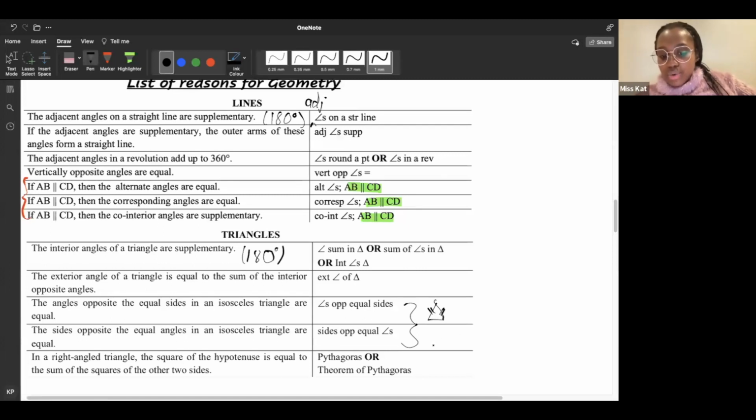But if you're given equal angles, then you say sides opposite equal angles. And last but not least, the Pythagorean theorem. I know, but it's very difficult. I don't know how many times I've marked papers where people say isosceles triangle, and I'm like, oh, no.